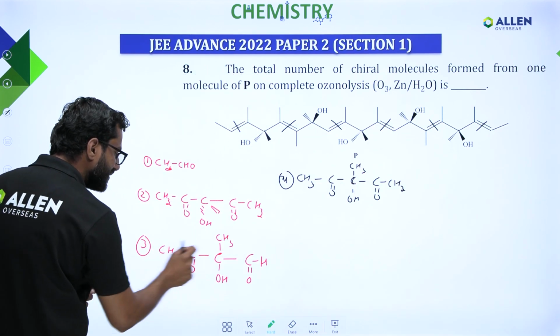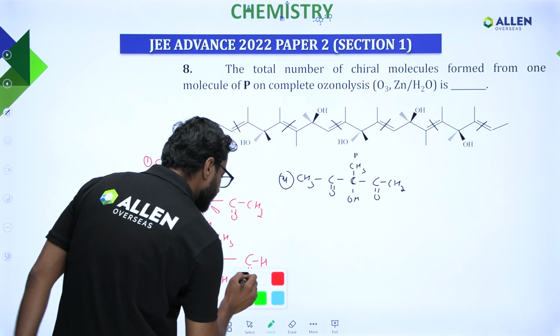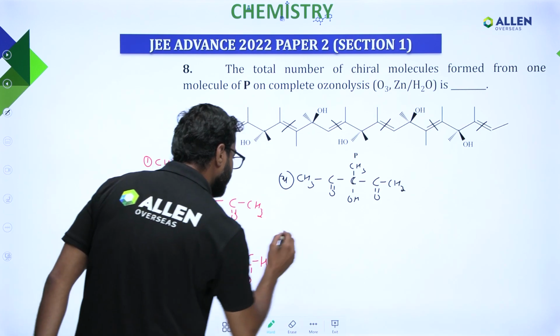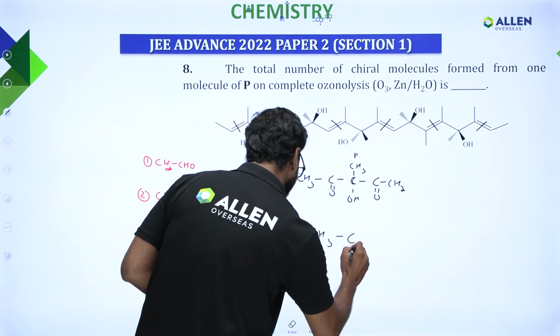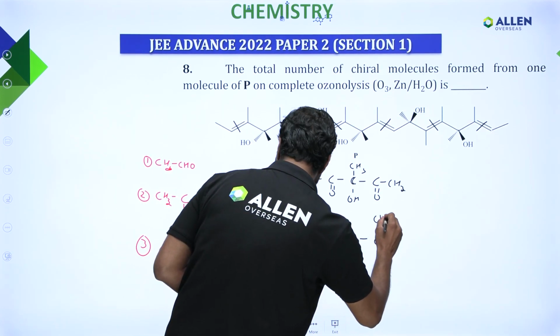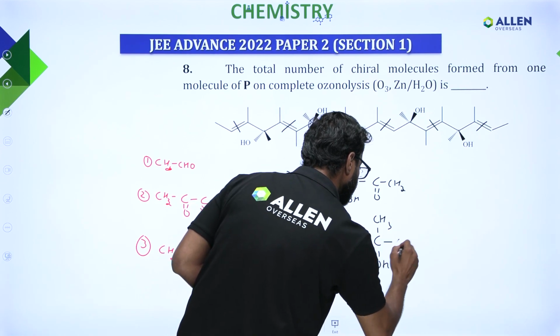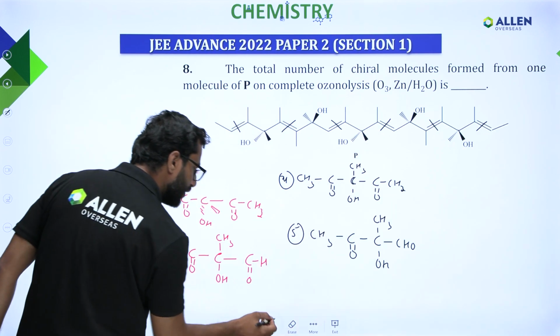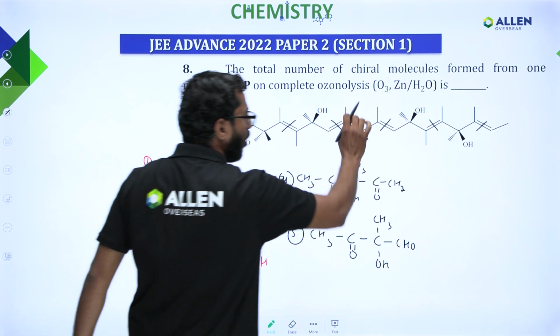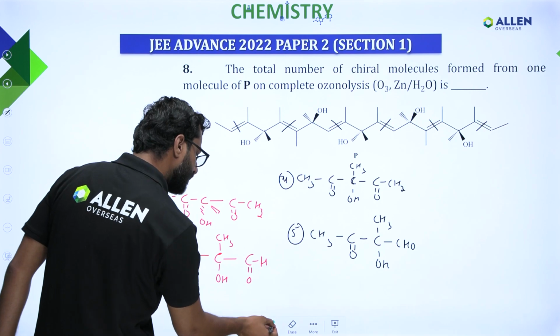This is the third one. So we have this 5th product, which is the same as this one: CH3, C double bond O, carbon, CH3, OH, and we have this CHO. Right, now there is no need to observe the stereo or the position of the OH and CH3 groups, right?